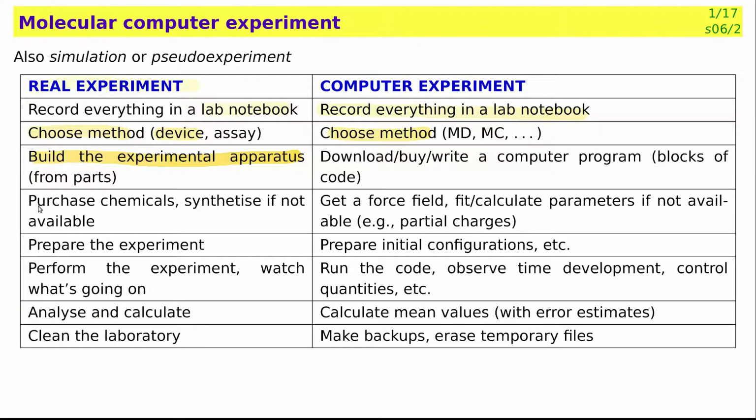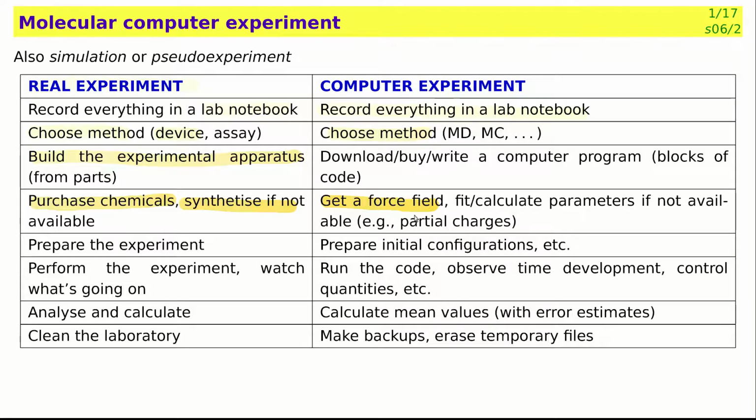In a real experiment, you purchase chemicals, but it may happen that some chemicals are not available, so you synthesize them. In a computer experiment, you get a force field. But sometimes the molecule that you would like to study doesn't have a force field, or it's available only partly. So you should create your own force field for the substance you wish to study.